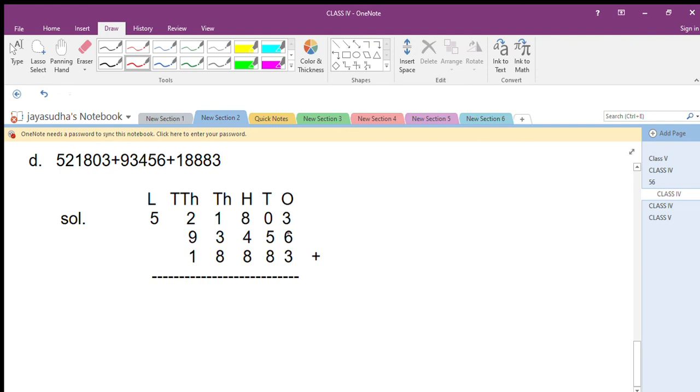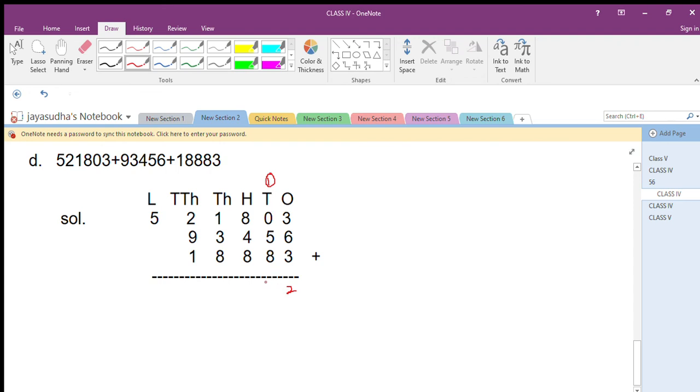3 plus 6, 9. 9 plus 3, tell me, 12. So you want to write 2 only here. 1 carry to the next column. Listen, 8 plus 5, 13. 13 plus 0, 13. This one, 13 plus 1, 14.